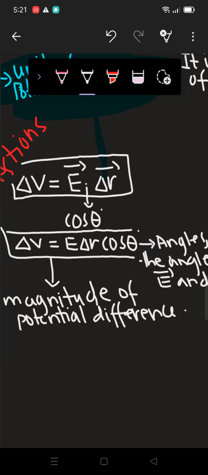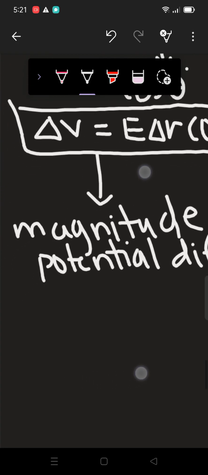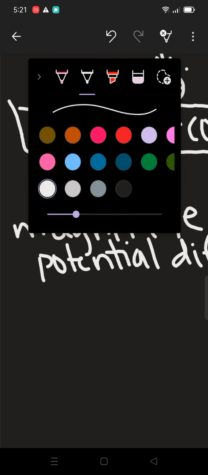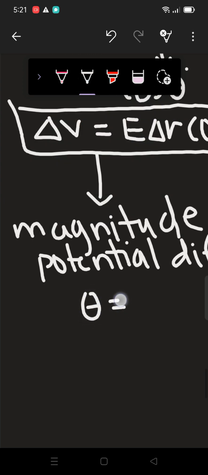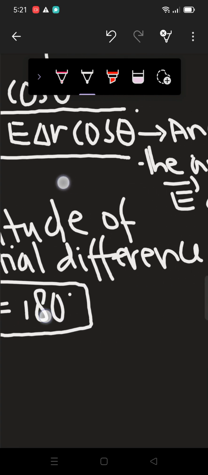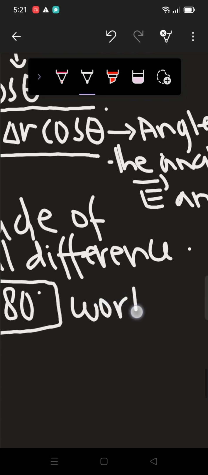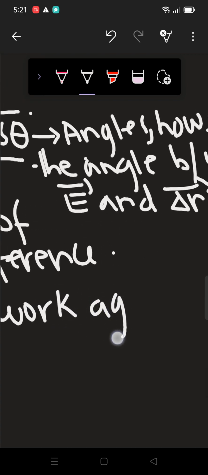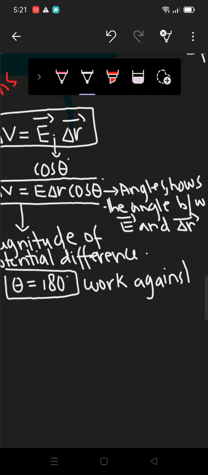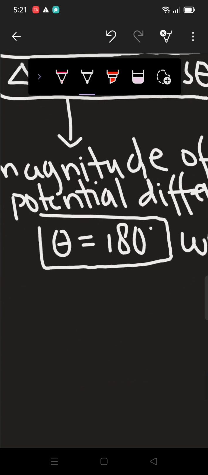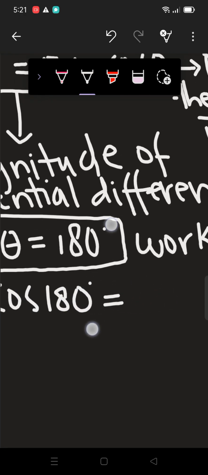Suppose this charge is moving against the field. Work is done against the field, so the theta we will use here will be 180 degrees, since it is moving against the influence of the field. We know that cos 180 is equal to minus 1.